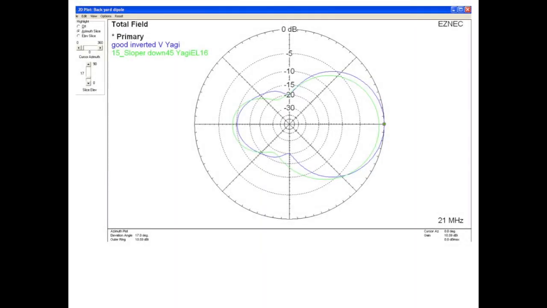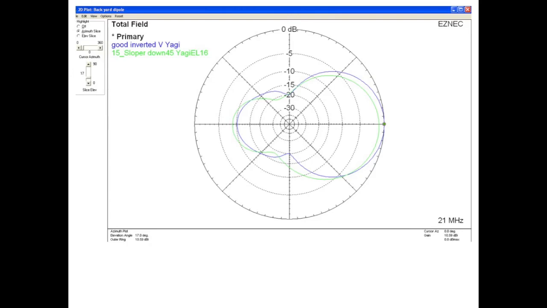Now you can do the same thing with inverted V elements. Here's a plot showing a good inverted V Yagi versus the 15-meter sloping antenna that I typically would use. The difference is pretty insignificant.